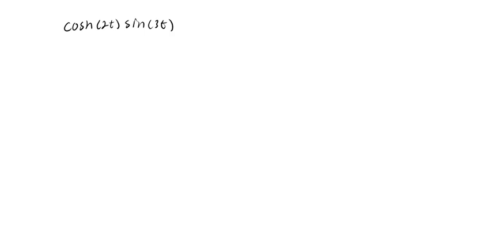In terms of exponentials, hyperbolic cosine of 2t is just going to be e to the 2t plus e to the minus 2t, divided by 2, isn't it? Do we agree on this one?